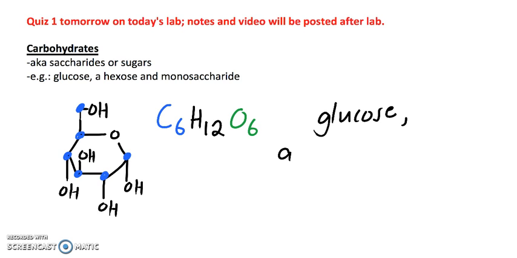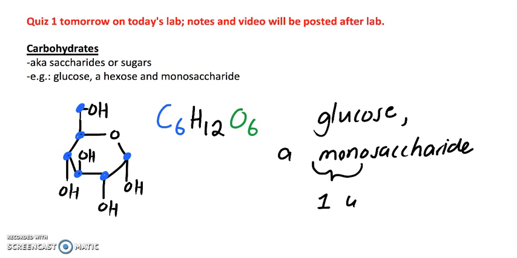And this is also a monosaccharide. Mono here means 1, as in 1 unit. Or if this doesn't help, think 1 hexagon for glucose.